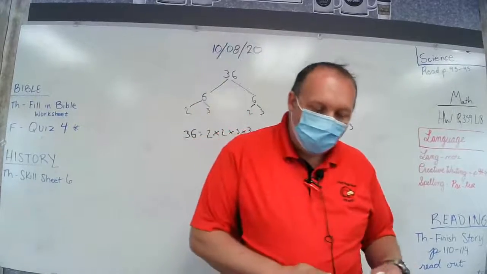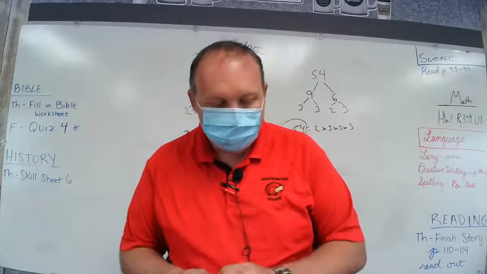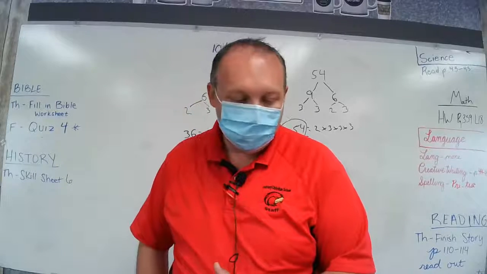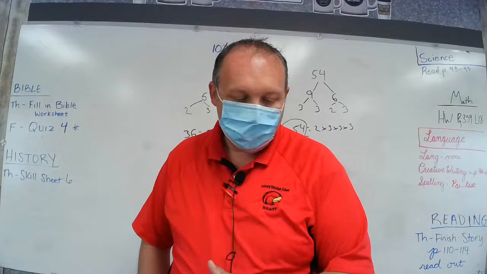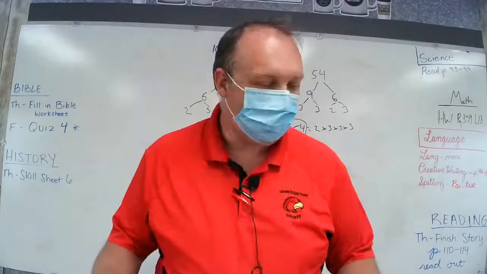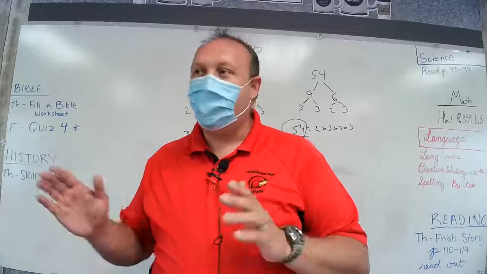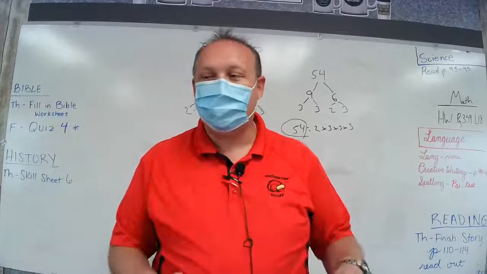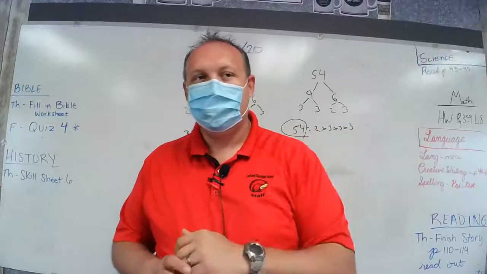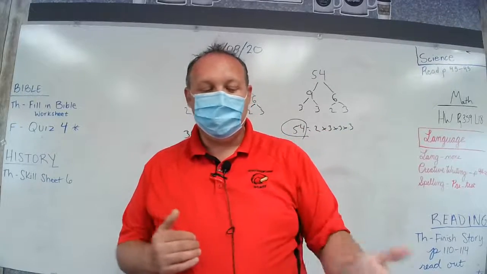So let's look at 1A. They did most of it for you. You have the number 36, and they broke it down into the factors of 4 and 9. So from that, you're going to break 4 down into its factors. What are the factors for 4? 2 times 2.